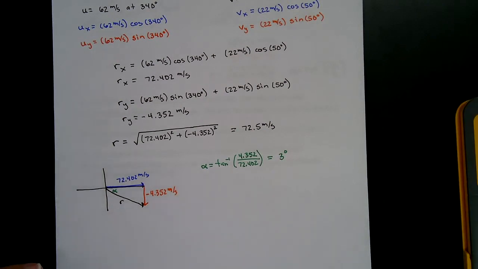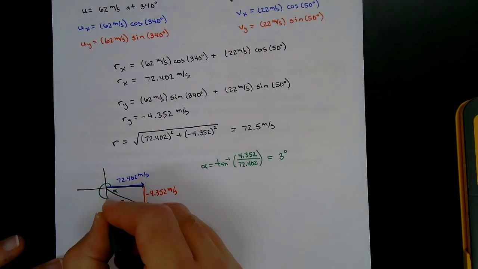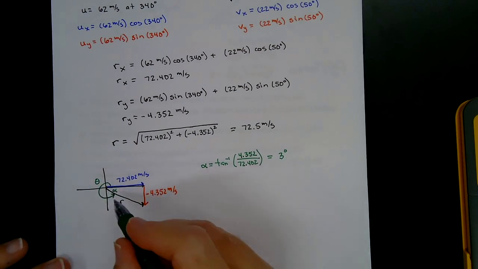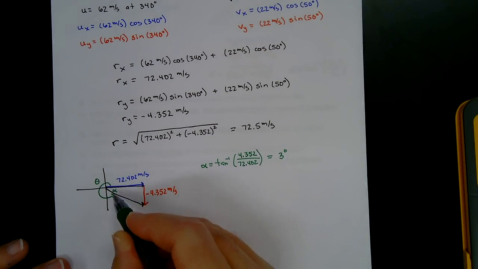Okay, so we're not done because we need to get this angle of rotation, right? We got to get all the way to here, and that's my angle theta. Okay, so we have to recall that we have to go all the way once around, right? All the way back up here to this positive x-axis, and that would be 360 degrees. And then if I backed up, I'd be where this arrow ends then, okay?